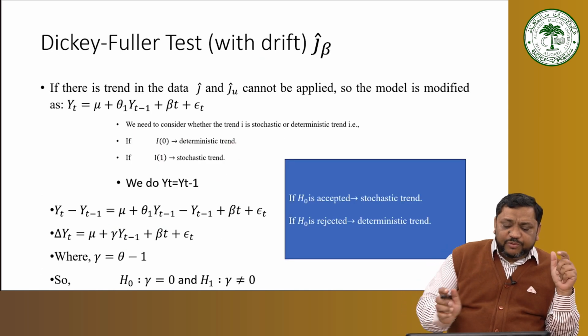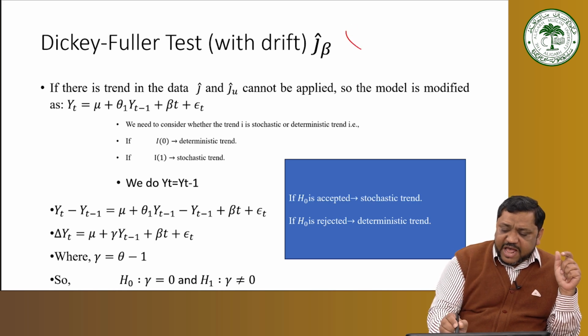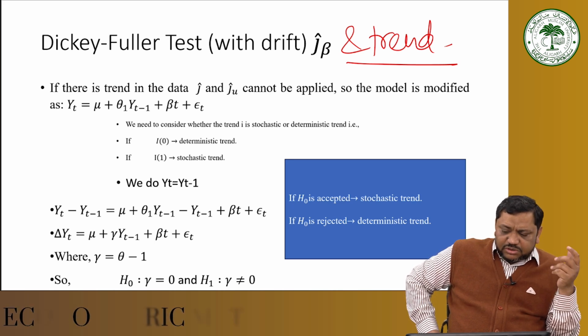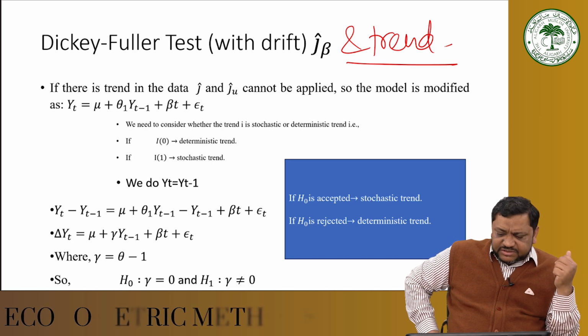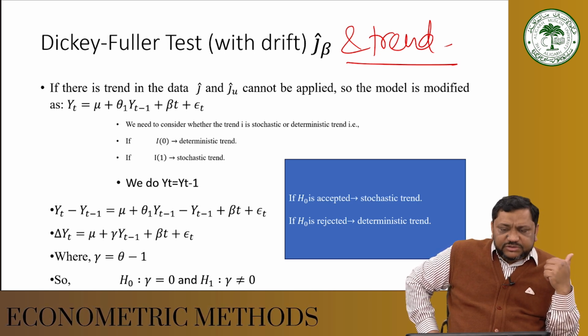Now last we move to the case with drift and trend. This trend is missing over here, please note it down. So we are doing a Dickey-Fuller test, tau beta you can say, and this has a drift and also a trend.